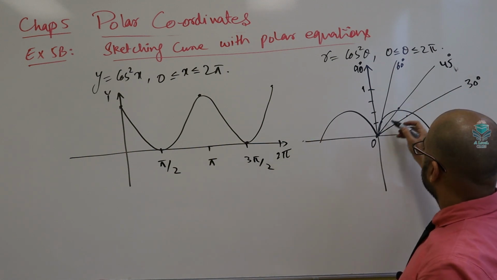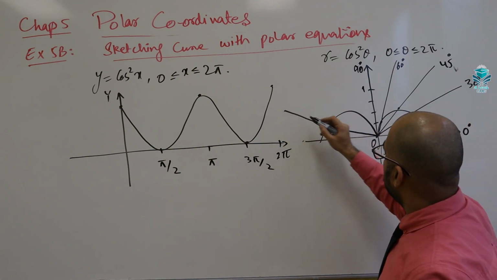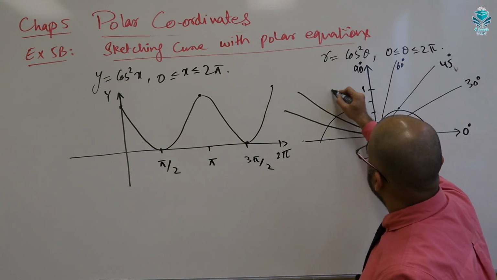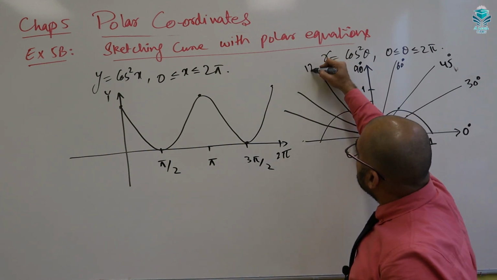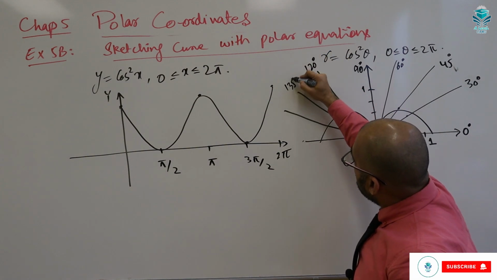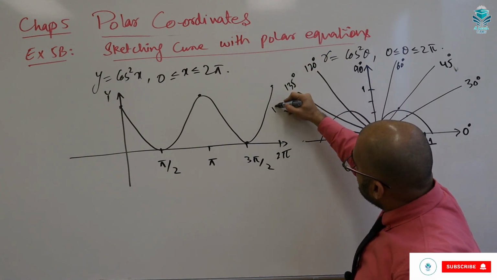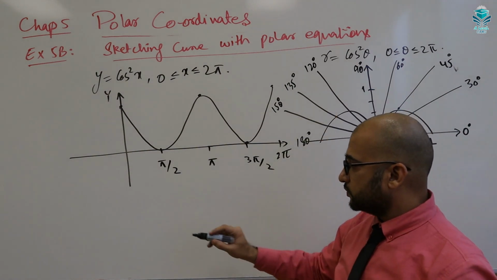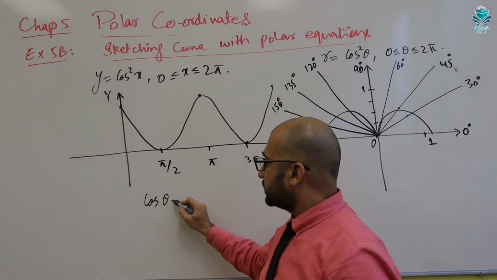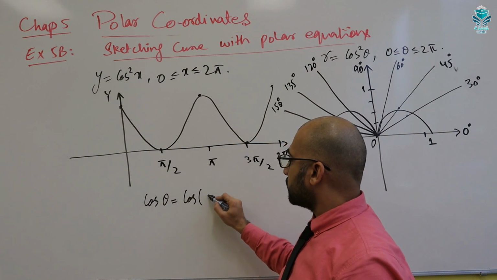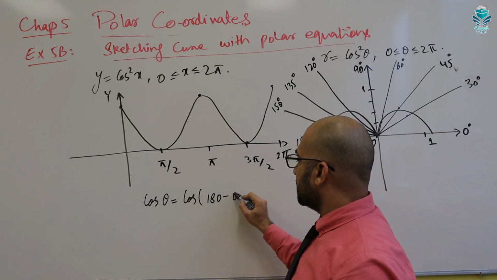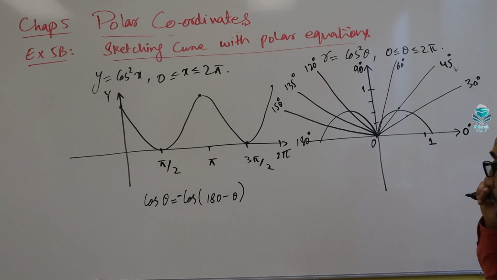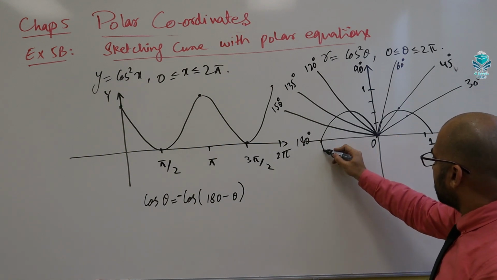And similarly, whatever values you have at 30 degrees, you have at 150, 135 and 120 degrees, and 180 degrees, because we know that cos of theta is equal to cos of 180 minus theta with the negative sign. So students, you have the same value like this.